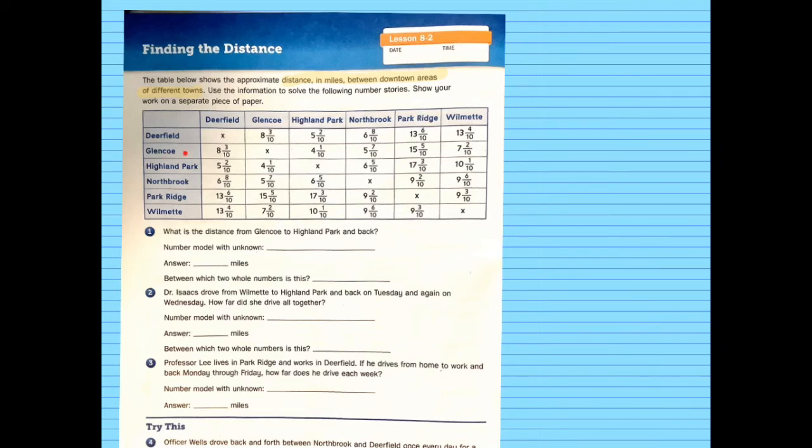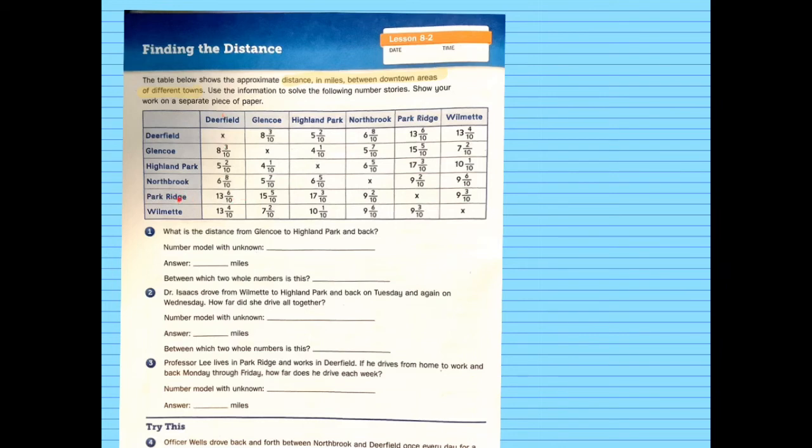So from Glencoe to Deerfield, it's 8 3/10 of a mile. Okay, so from Glencoe to Northbrook, you would go Glencoe all the way over until you get to Northbrook. It's right here. So it would be 5 7/10 of a mile. So are you seeing how this is being read? So from Park Ridge to Deerfield, trace till they meet up. So here's the Deerfield column, and here's the Park Ridge row.